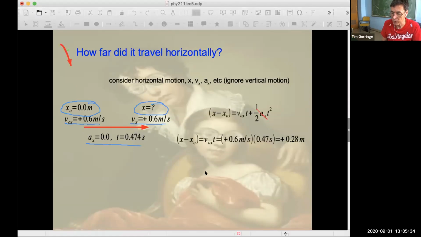And here's my solution. So again, I thought about my old friends. I've got 3 friends, the 3 equations of motion. I mean, I've got more friends than that, but 3 equations of motion friends. And the one I'm going to use to solve this problem is the same one, really, but for the horizontal motion rather than vertical motion.